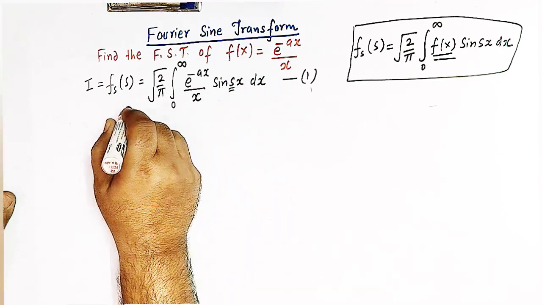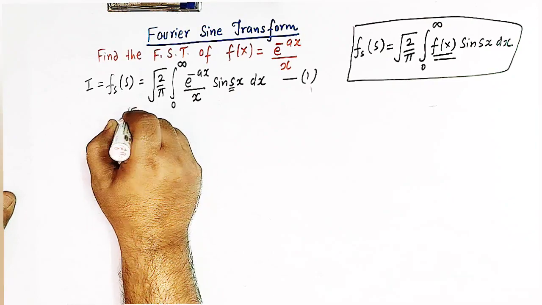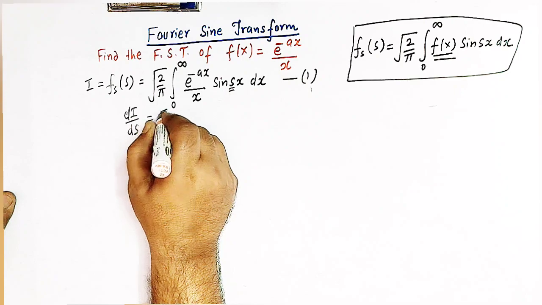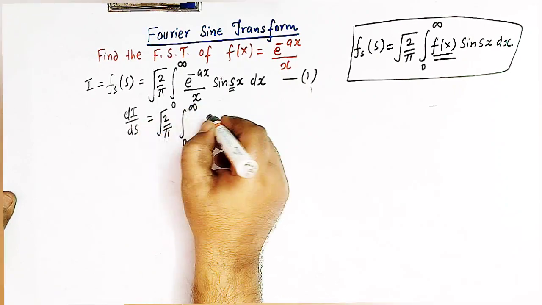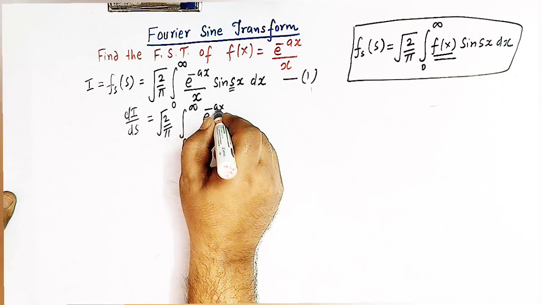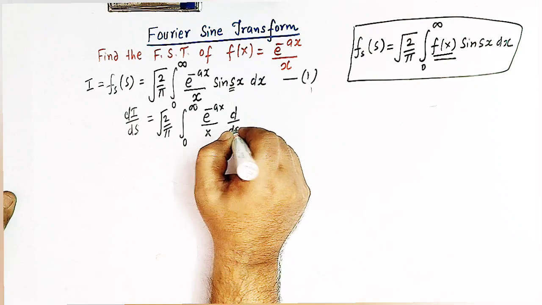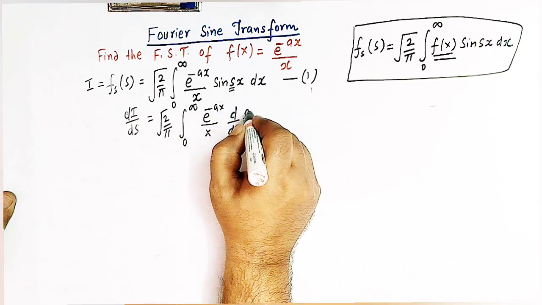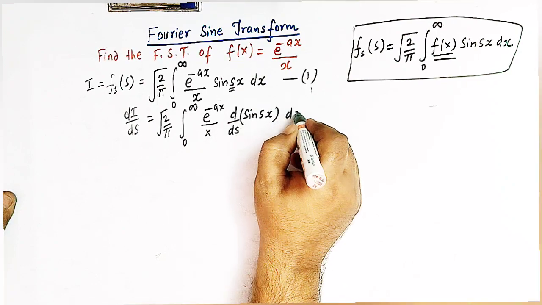So what we will get, we have dI over ds, and here we have square root of 2 over pi, integral 0 to infinity, e raised to minus ax over x, and then we find the derivative of sine sx with respect to s.